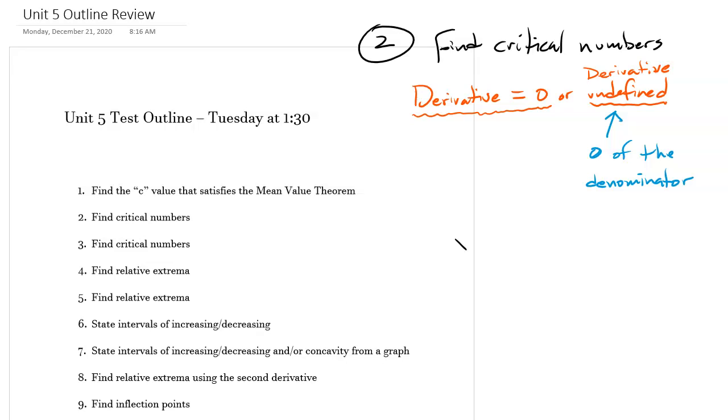So we won't actually solve this. I'm trying to think of one off the top of my head that works. If you have a polynomial equal to 0, there's different ways to solve that. The most common way is factoring. But the factoring only works if you can factor it, right?